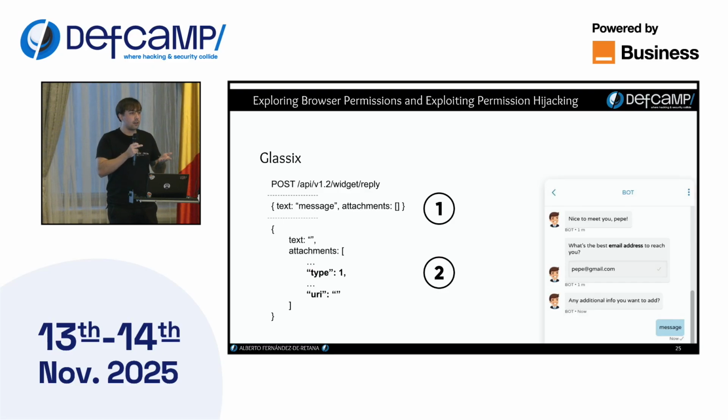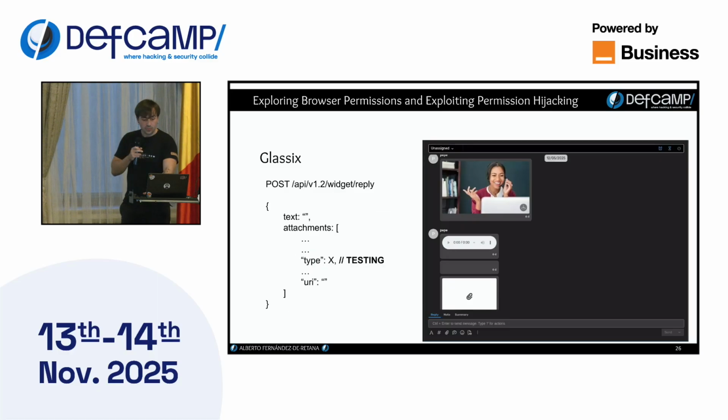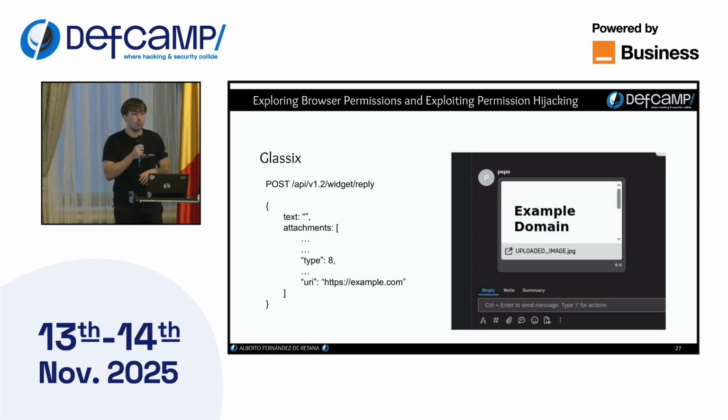As an attacker, or as a curious person, you just try to change this value. I ended up creating different kinds of attachments. Apart from images, you could create audio, videos, and also PDF. And I ended up with one that was creating an iframe on the chat.